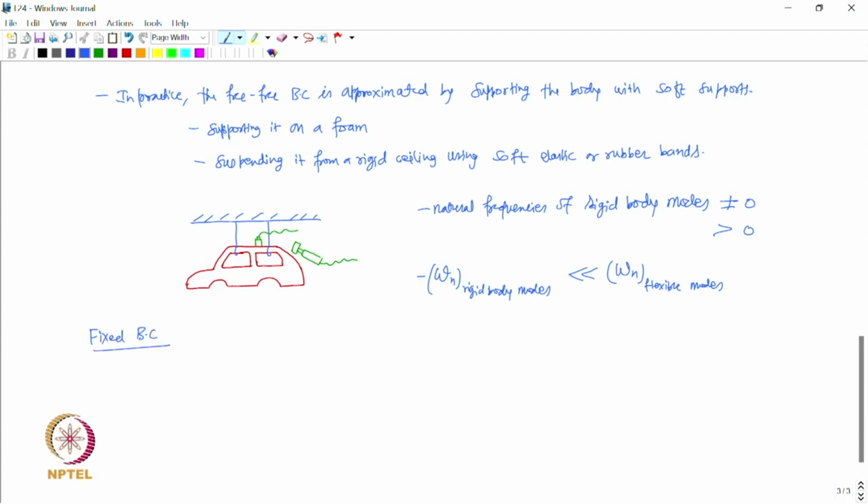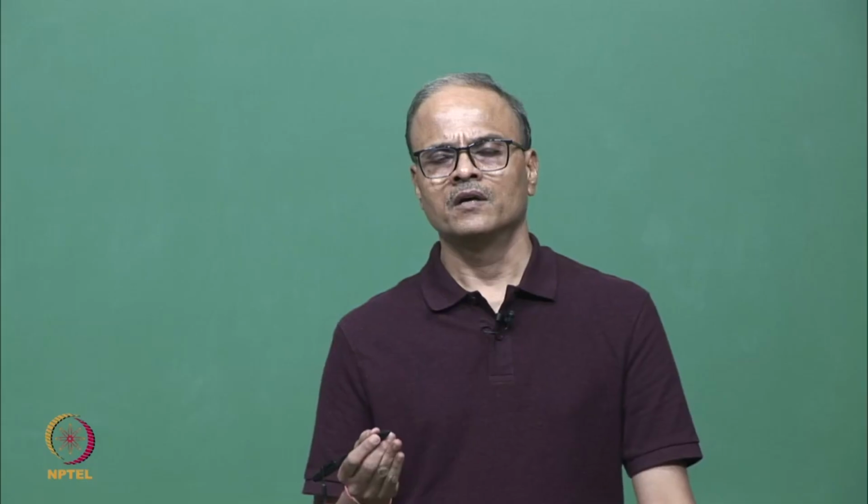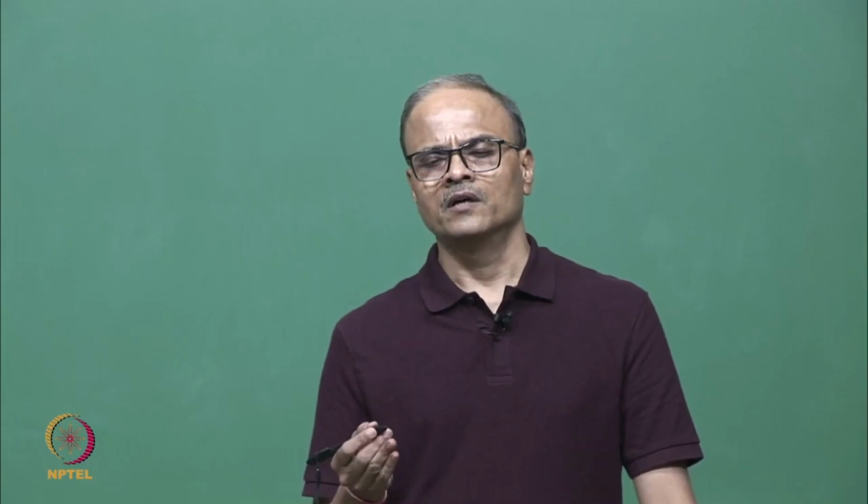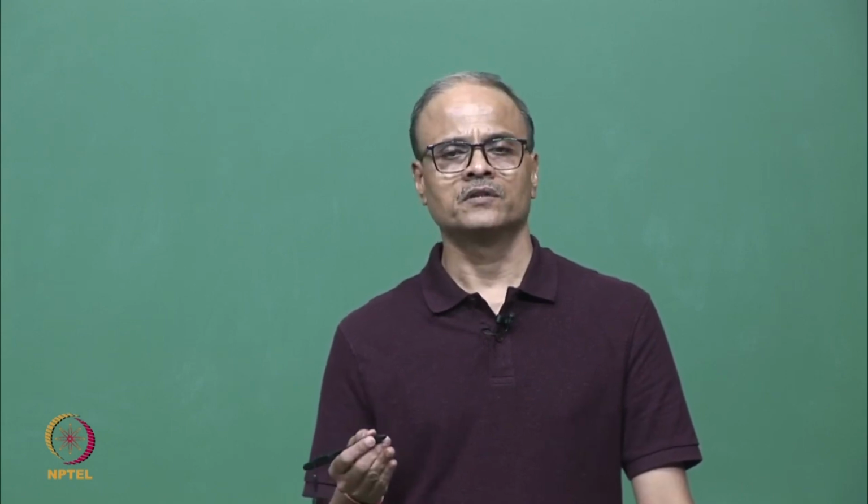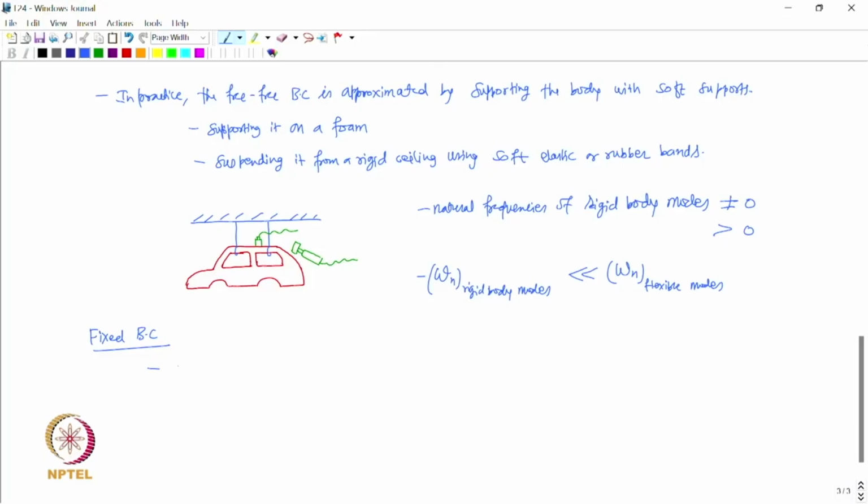In the fixed boundary condition, some degrees of freedom of the body are completely constrained, so that no rigid body motion is possible.